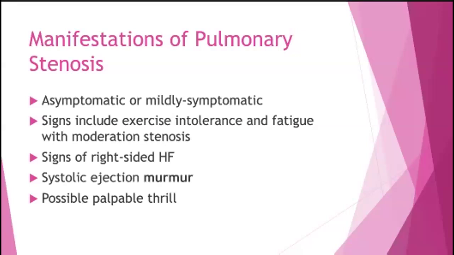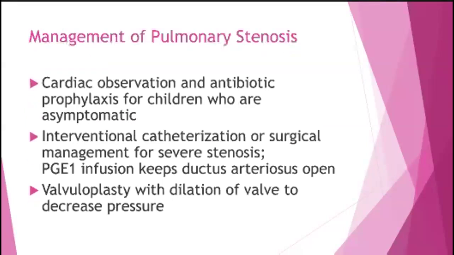Complications if untreated: we're going to have progressive right-sided heart failure, cyanosis and hypoxemia, and arrhythmias. Management: if they're mild, we just do monitoring. If it's moderate to severe, we're going to do balloon valvuloplasty to try to open it up.